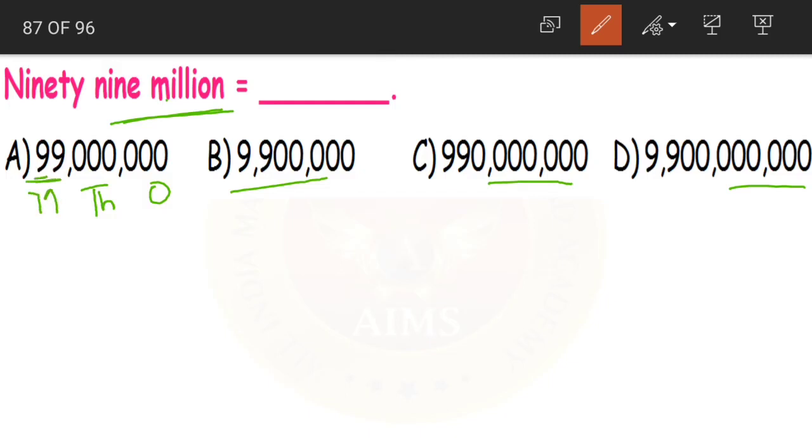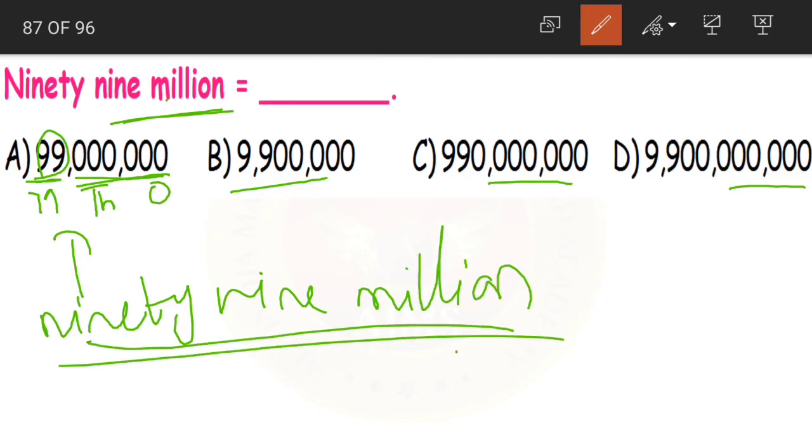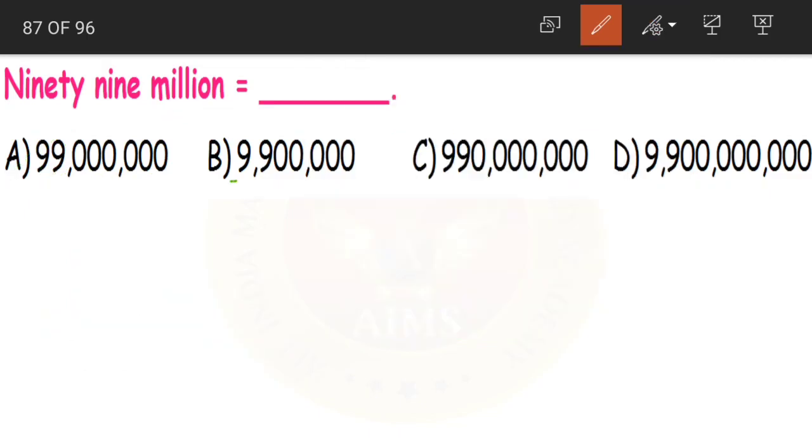In the millions period, we have 99 and all the other periods are filled with zeros. So this will be read as 99 million. That is the same as the number name given to us. So option A becomes our correct answer.